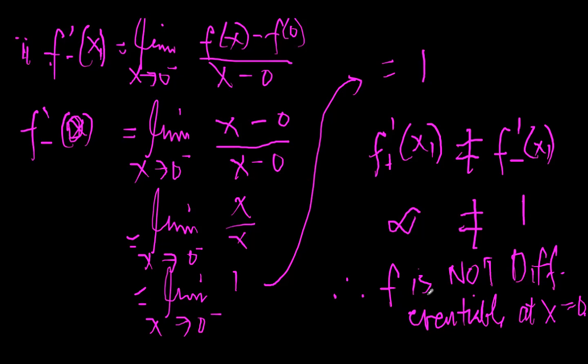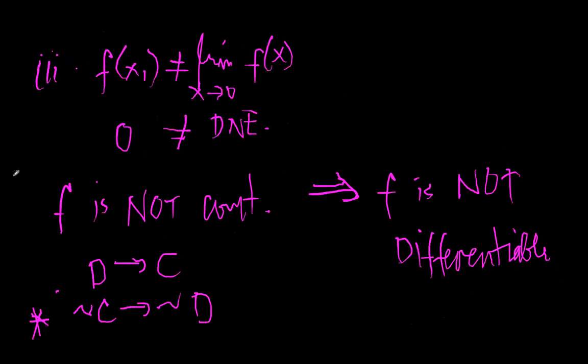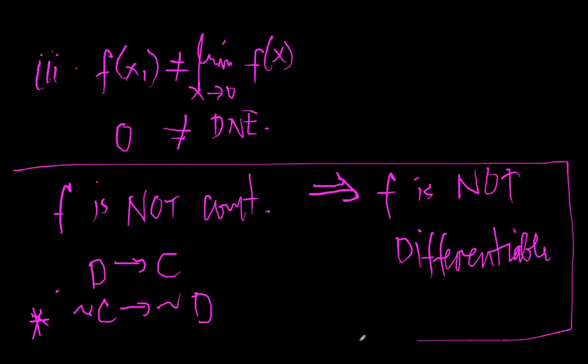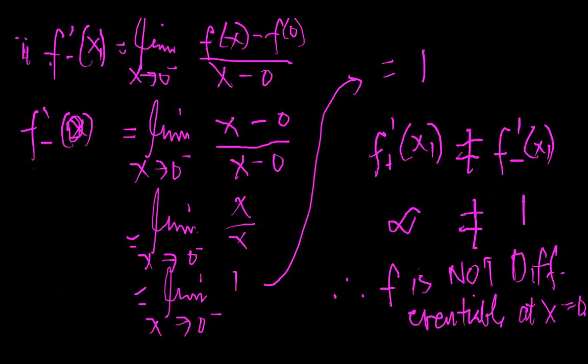And let's check if we have the same conclusion with the use of the concept and the theorem that we discussed before. As we said earlier, since f is not continuous, therefore f is not differentiable. And that's what we found out, right? So our theorem is actually true, and it could help us to easily identify if a function is continuous or not, or differentiable or not. I hope everything is clear.